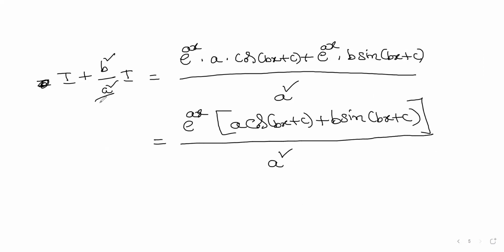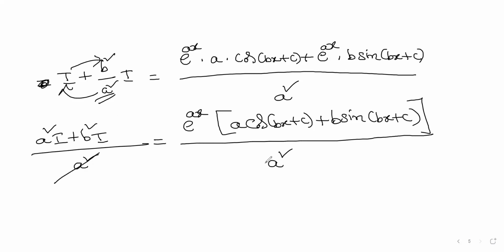And then here you pick the LCM once again, you get a square multiplied by a, and then you have to add like this. So this is a square I plus b square I. B square I is our required integral, divided by a square is what you have. And this a square gets cancelled. Now if I take I as common over here, I get a square plus b square over there.